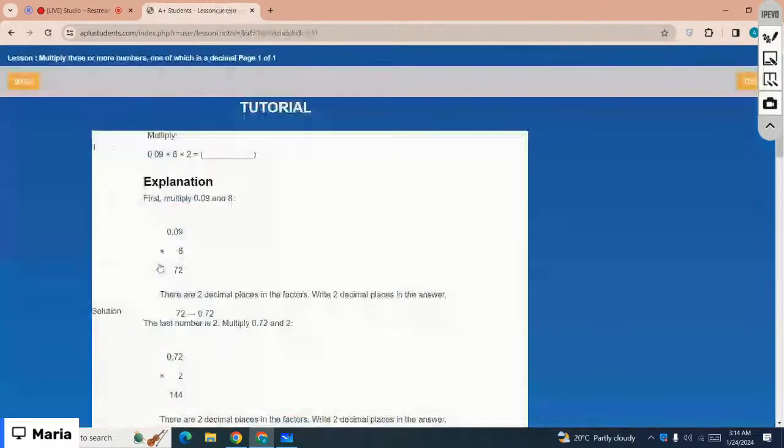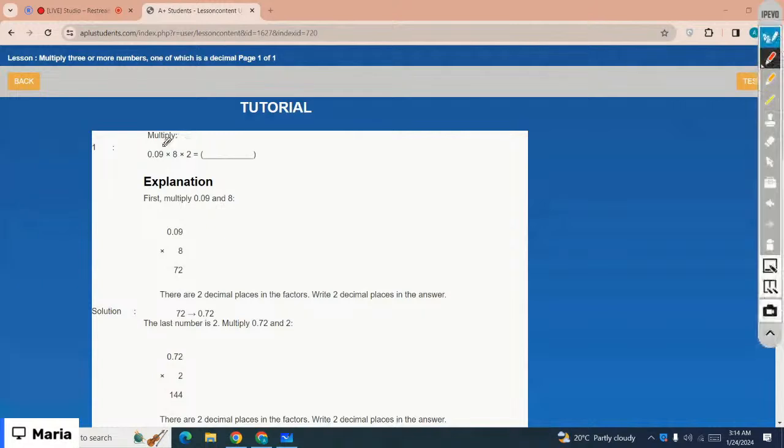So let's just start with the first example. You need to multiply three numbers, one of them is a decimal, right? So you have 0.09, that's the decimal, and here are the whole numbers, times 8 times 2. So let's just start with multiplying the decimal number first, right?